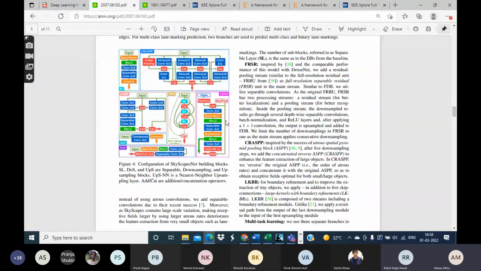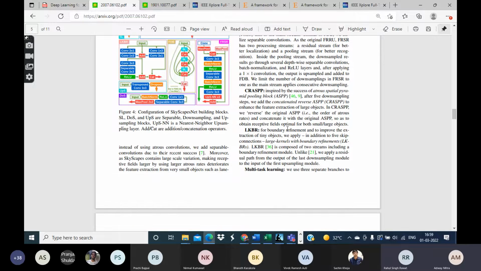Apart from that, they have various other building blocks in their network. Some FRSR units, which they call fully resolution separable individual units, and some special pyramid pooling and so on. Pooling can be done at different pooling blocks, that is, it can be either 2x2, 3x3, or 4x4 pooling, etc. In each of these pooling blocks, I guess they do the pooling using multiple pool sizes.